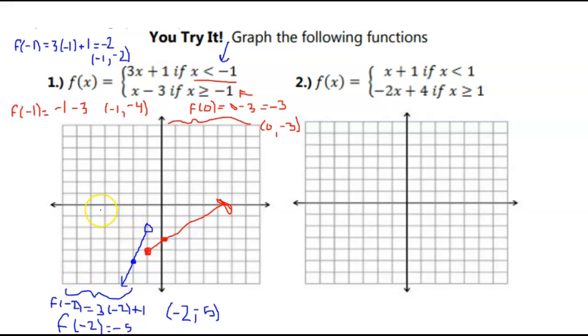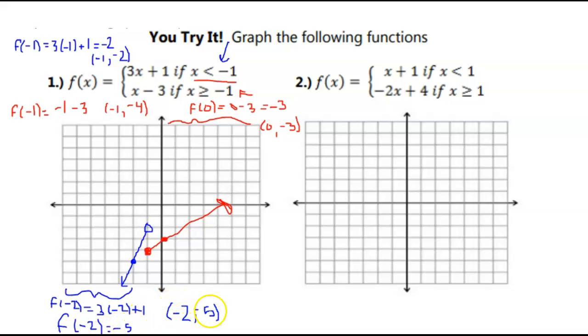Now I need to plot my intervals. So I'll go back up to the graph and I am going to get another point on this line, but I want a value less than -1. Well, Miss Bennett chose -2. So I found f of -2 using the top part of our function, and my output for that was -5.